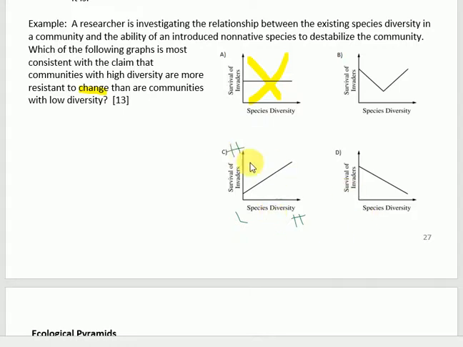So this one isn't really, it's showing us an increase of these invaders. We don't really want an increase of the invaders. Versus here, again, we have low, we have high, and then this is high and this is low. So this is showing us that the higher the species diversity, the less likely it will be affected by these invaders because the invaders are actually decreasing in number. So your answer would be D.